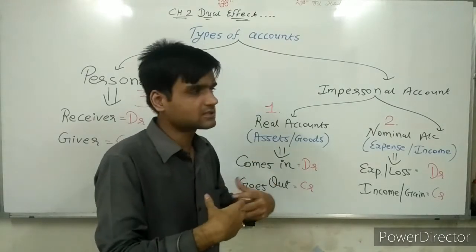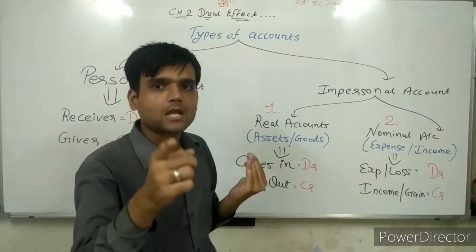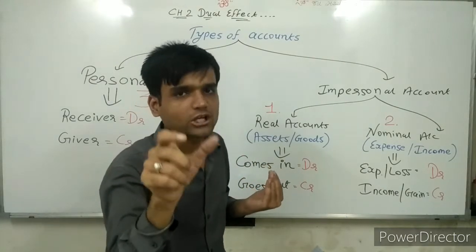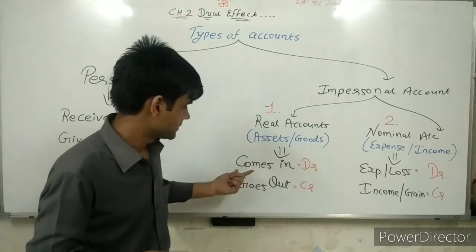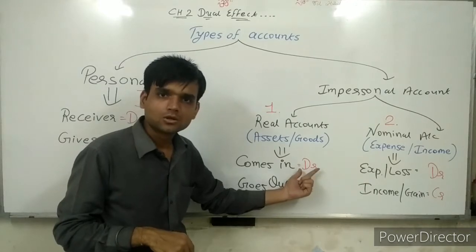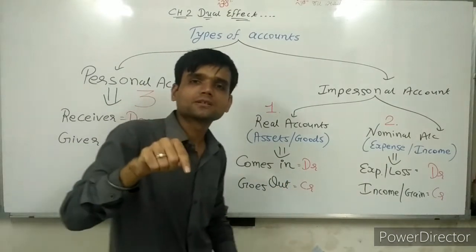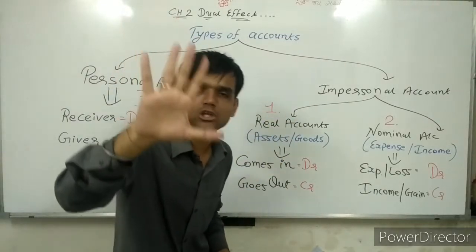So as a business, cash comes in. Now think, cash is what? Asset. Comes in means debit. So what do I have to write? Cash account debit 50,000 rupees.